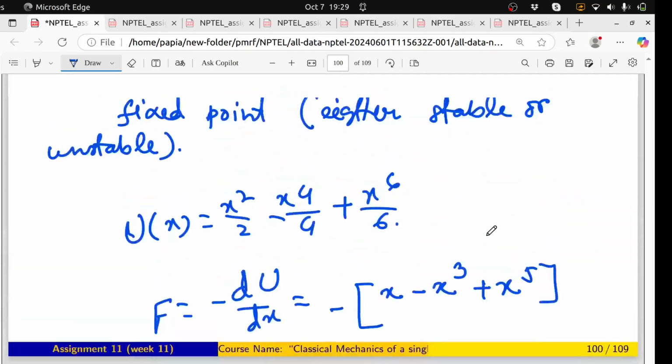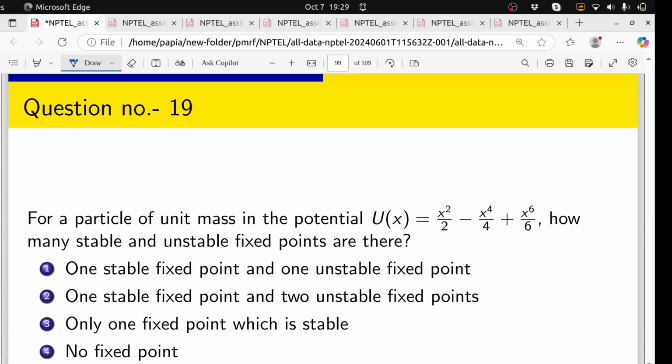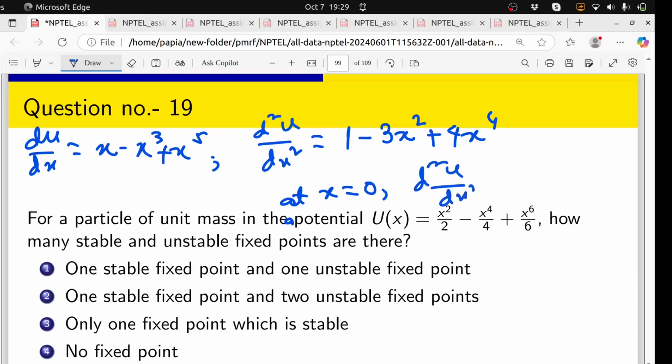Okay, so for this question we saw that x equals 0 is giving me the fixed point. But what is the nature of this fixed point? We calculated dU/dx, which was x minus x cube plus x to the power 5. Now d2U/dx2 is 1 minus 3x square plus 5x to the power 4. So at x equals 0, d2U/dx2 is giving me 1, which is greater than 0.